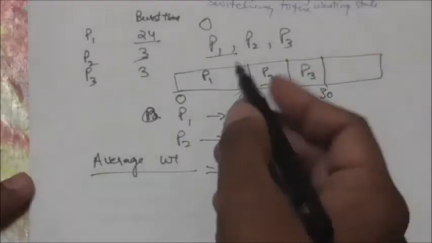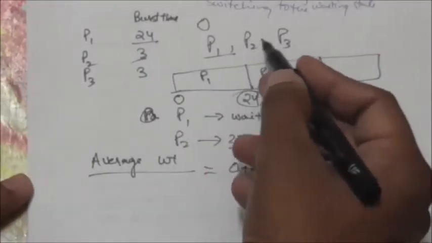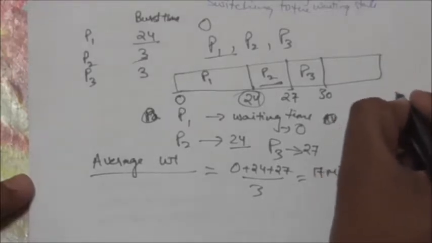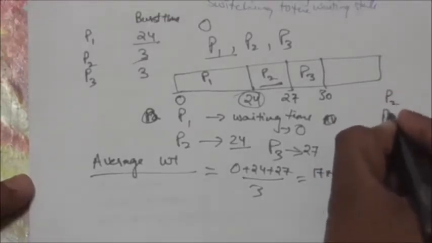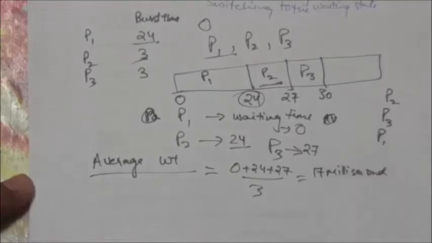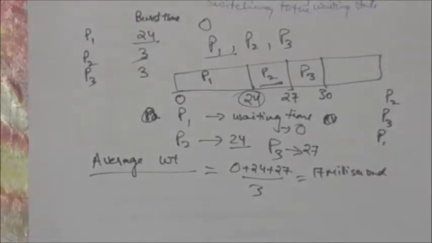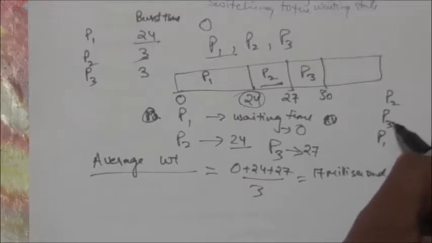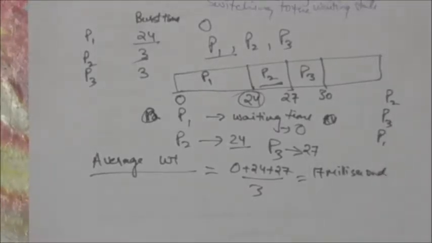Now consider that these processes P1, P2 and P3 have arrived in this order: P2, P3 and P1. Then the CPU will be allocated first to process P2, then to process P3, and then to process P1.